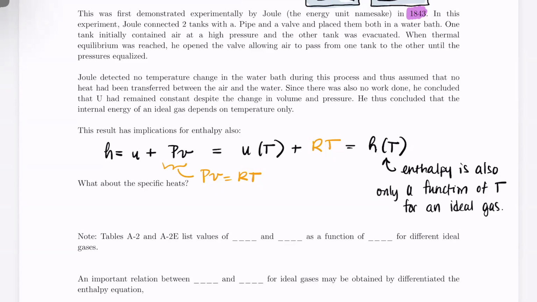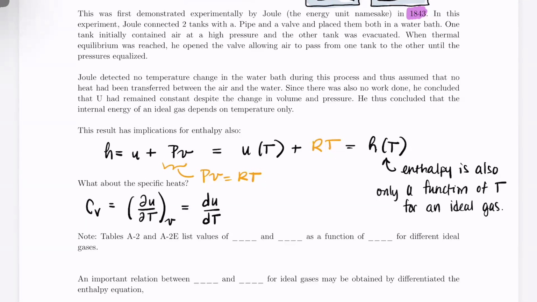All right. What about the specific heats? Cv is equal to the change in internal energy with respect to temperature over a fixed volume. Since u is only a function of T, this becomes a total derivative, so we have du dT.